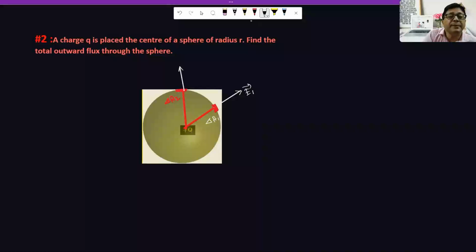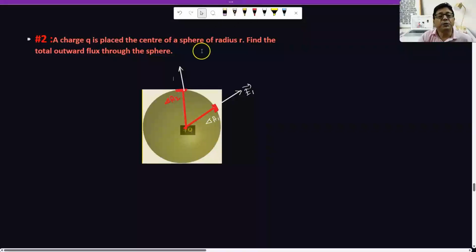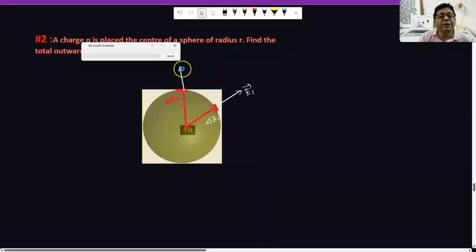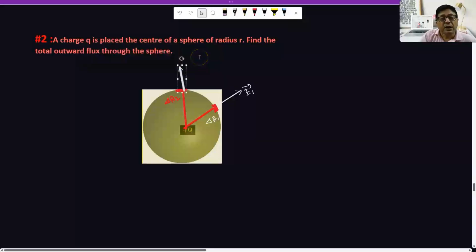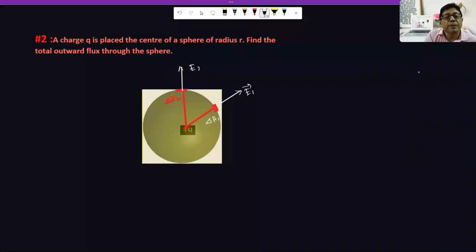Let this field vector be E2. So the flux due to this can be calculated. Similarly, we take a small portion at every part on the surface, then we add all these.